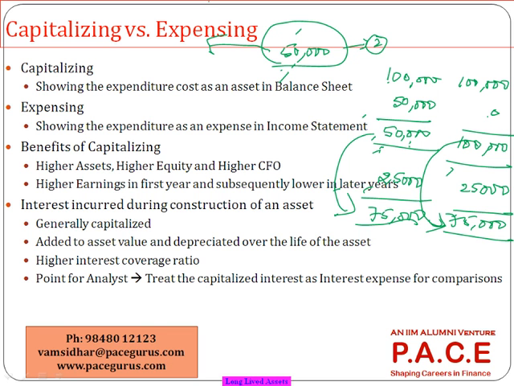A simple way to present it is, whatever interest you are paying to the bank during the period where you are not getting your revenues, which is during the construction period itself, before the usage starts, you can treat it as an investment itself, an extra investment, and treat it like an asset.